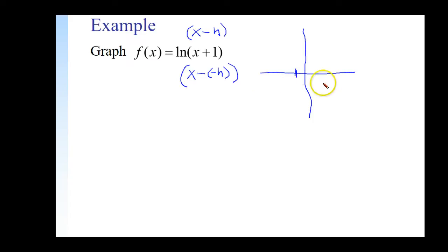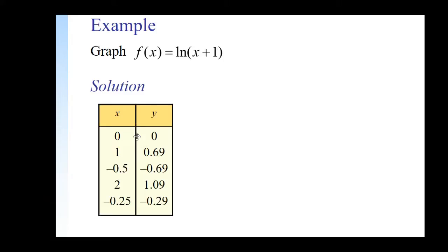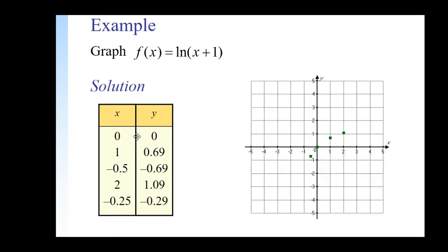Again, there's some items we hadn't covered, but just a little background. So if we plotted some points, it would look like so. And then when we did the graph, what would it do? Well, it shifts it, as we said, over 1. So now our new vertical asymptote is a negative 1, opposite sign of this.